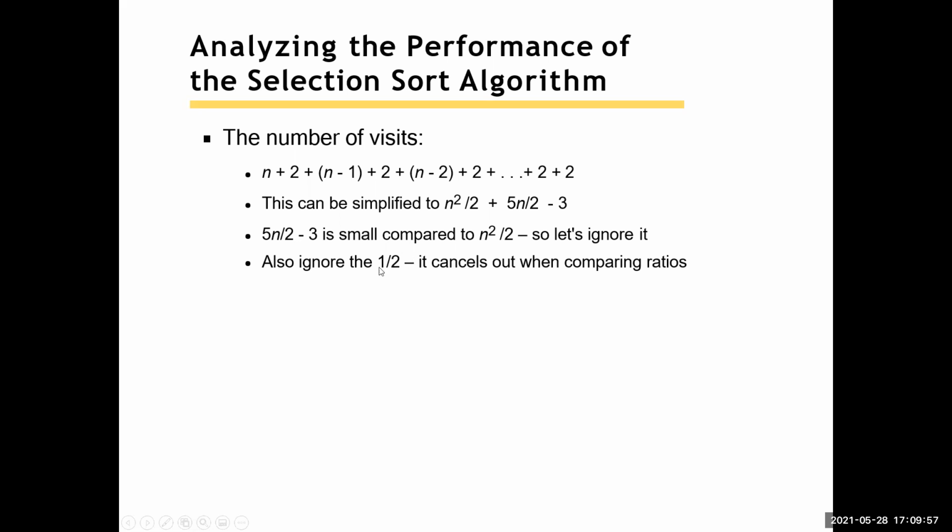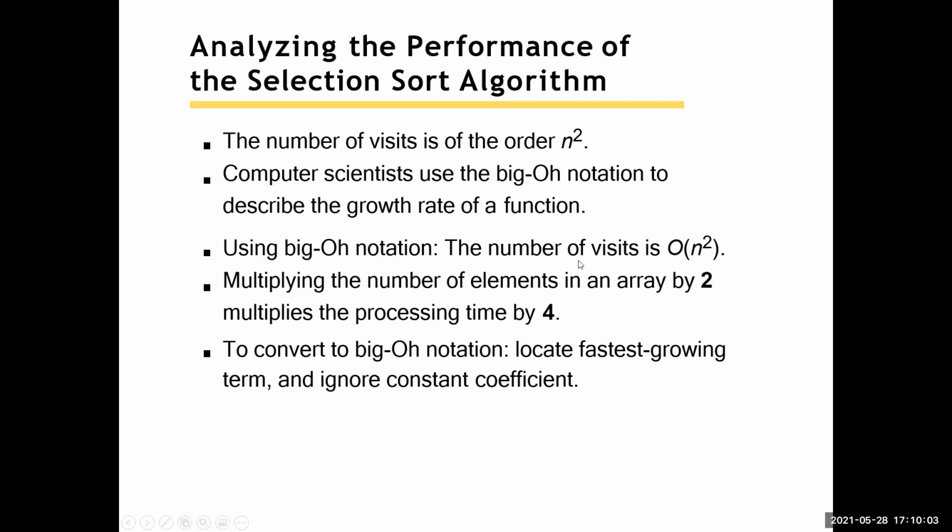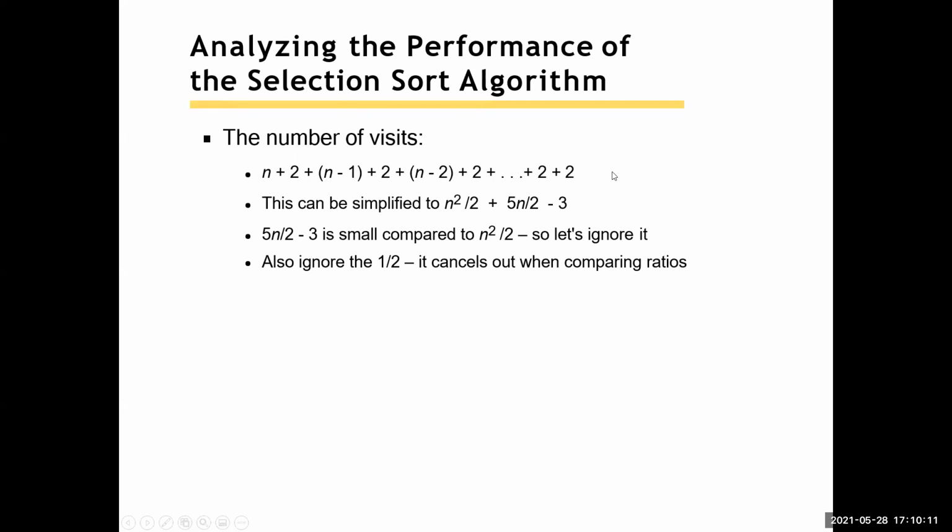We don't need to calculate a fraction, so we're just going to cancel that, and we're going to come up to the number of visits is n squared. So that's the calculation. You're more than welcome to do it.